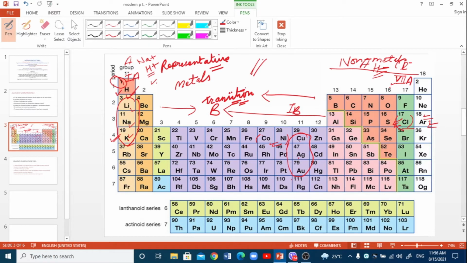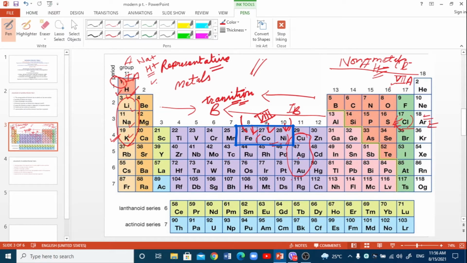Now next is group 8B, iron, cobalt, nickel. Group 8 is kept in subgroup B in 3 different columns: iron, cobalt, nickel. So these are kept in subgroup B so that they are treated as elements with special properties. These do not break the format of the periodic table.